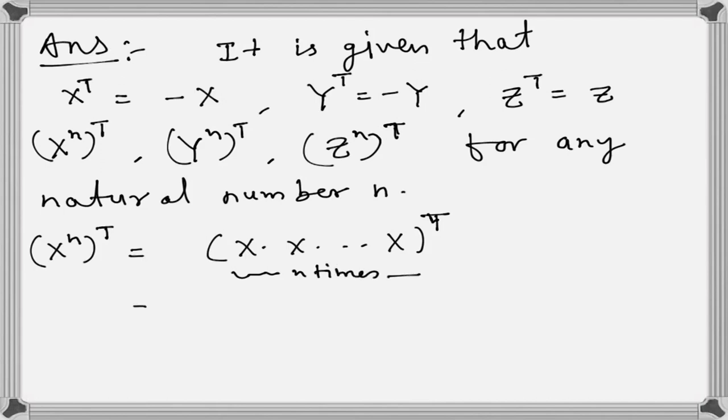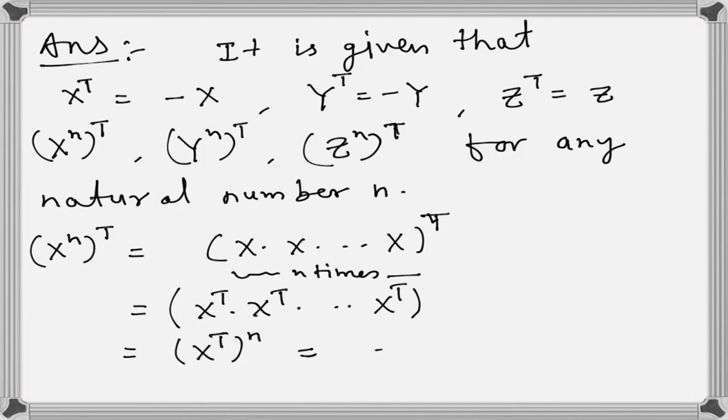So let's use that formula, the transpose of a product: X transpose into X transpose into X transpose, n times, and this is nothing but minus X. So this is nothing but (X transpose) to the power n, which is minus X to the power n.